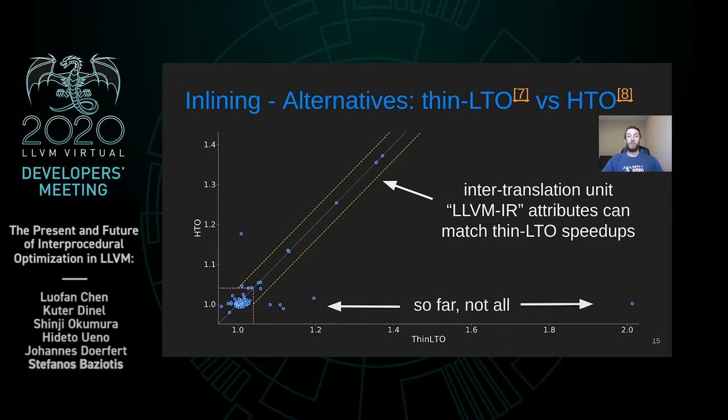However, there's also the possibility that we're just lacking the right attributes. While we already increased the number of attributes over the last year and a half, once we increase it further and have more fine-grained attributes, as we'll discuss later in this talk, we get better optimization opportunities just through attributes and function summaries without actually needing to inline.